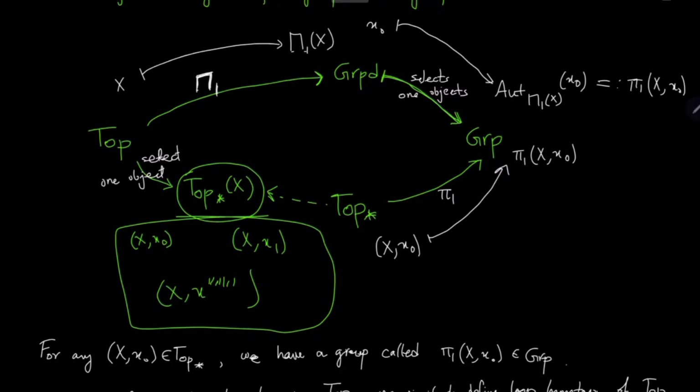What we can say is that if the space X is path connected, then basically all the fundamental groups built on that space are isomorphic. We can say that from a rather naive construction.